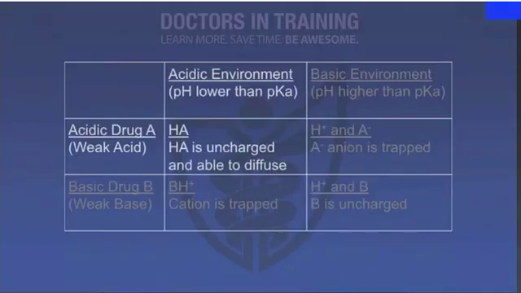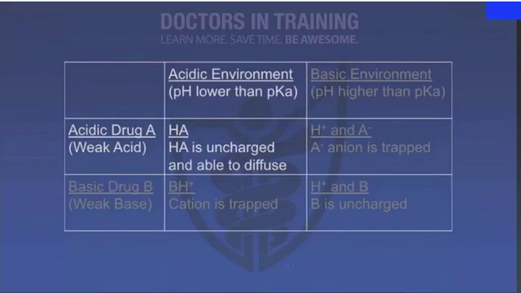So if a drug is a weak acid and the urine is acidic, which means the pH is lower than the pKa, then which form of the drug is going to predominate? Well, it's the protonated form of the drug. So the protonated form of the acid is HA, and that's an uncharged drug, so it's able to be reabsorbed and diffuse across the cell membrane.